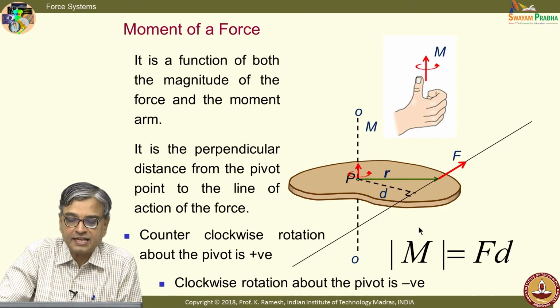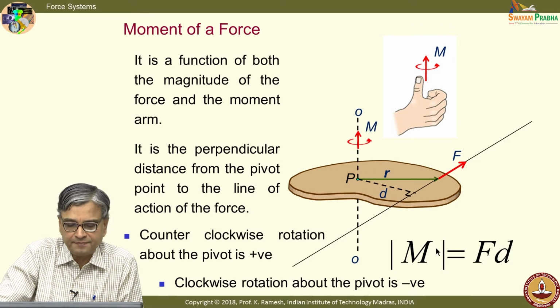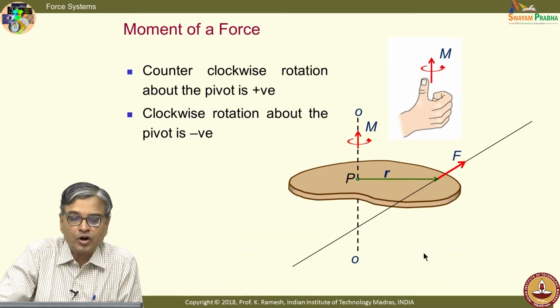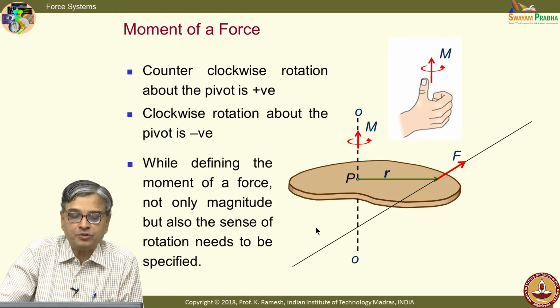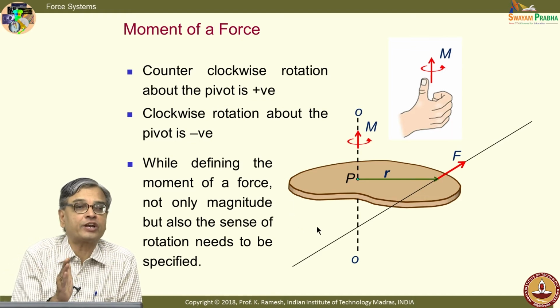It is again emphasized that moment is a sliding vector and clockwise rotation about the point is taken as negative. So, when you specify the moment, not only the magnitude, but also the sense of rotation needs to be specified and also perceived by you while solving problems.